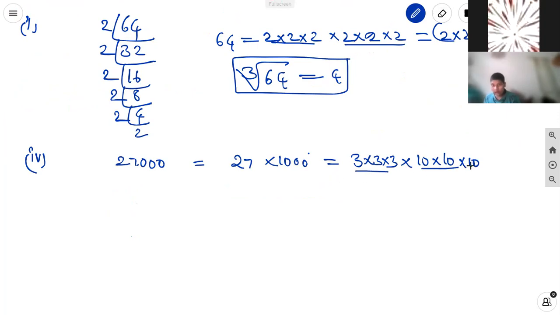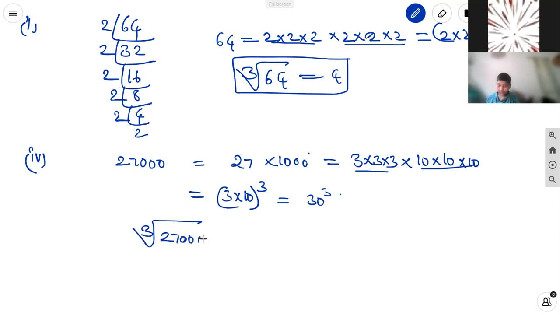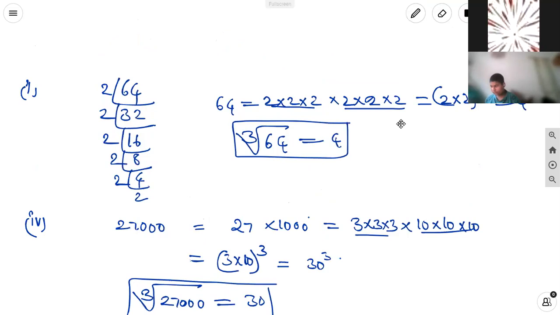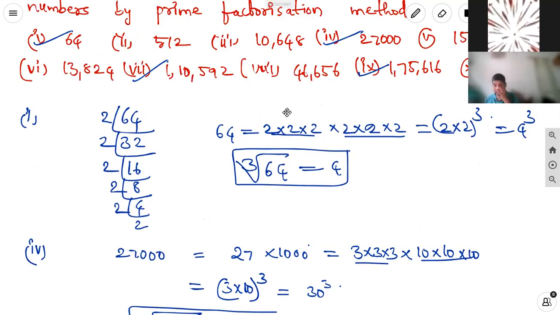So we can write it in triplet form as (3 into 10) whole cube, that is equal to 30 cube. So the cube root of 27,000 is equal to 30. We can go through prime factorization, but by observing, we can easily find the cube root.